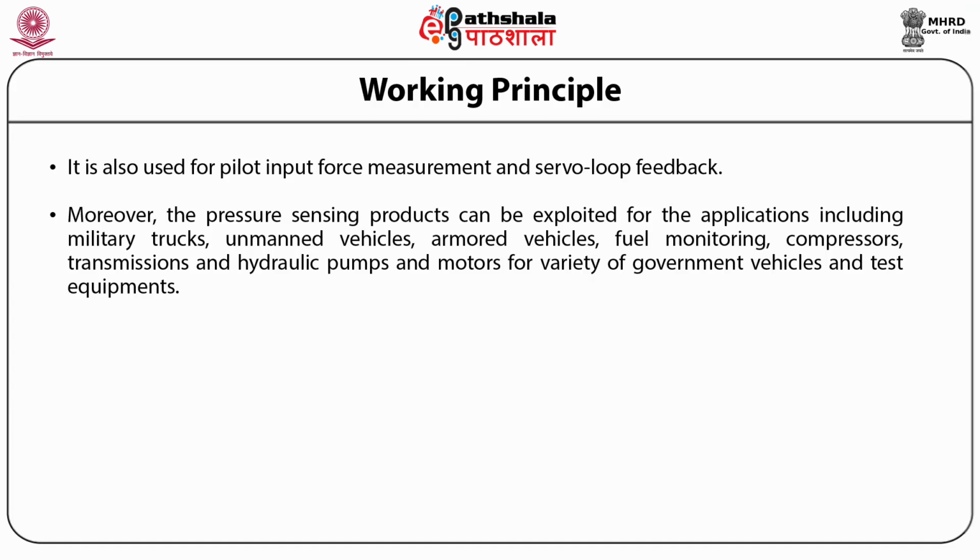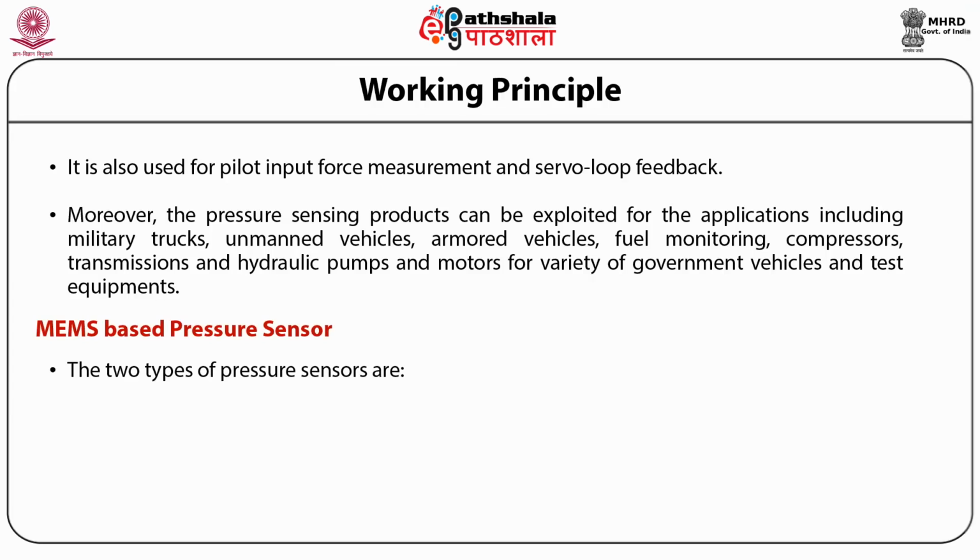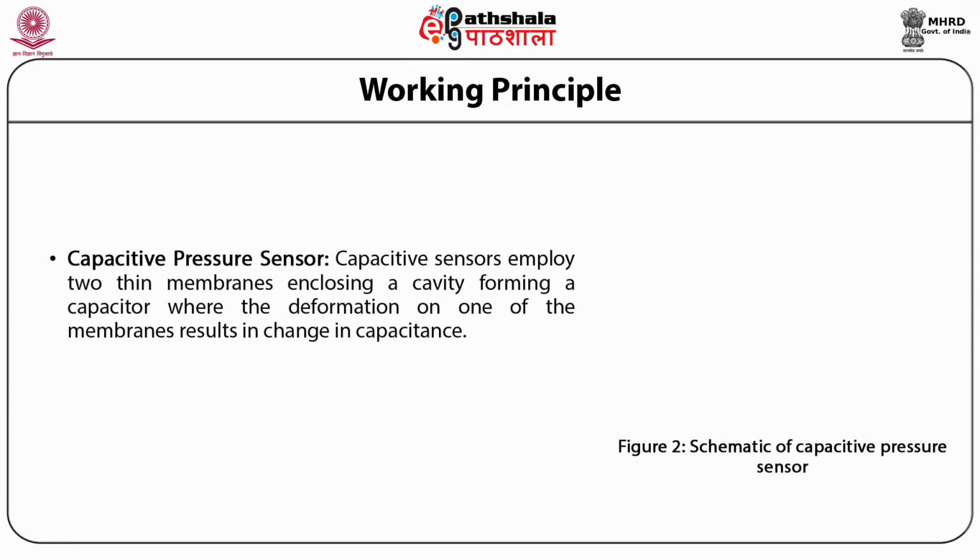So students, till now we have discussed the pressure sensor and its working principle. Now comes MEMS based pressure sensors. There are basically two types of pressure sensors. One is the capacitive pressure sensor and the second is the piezoelectric pressure sensor. In the capacitive pressure sensor, students, you can see a diagram on the slide, and this type of pressure sensor is capacitive.